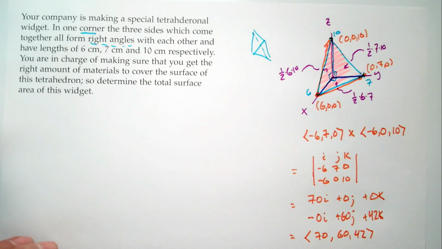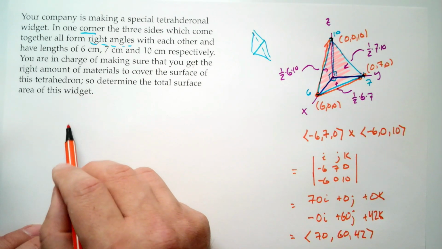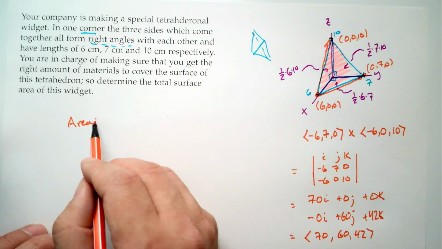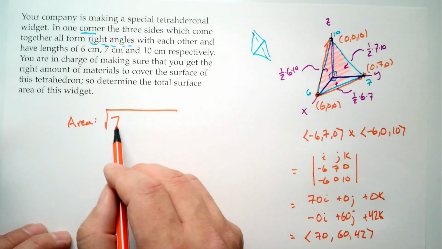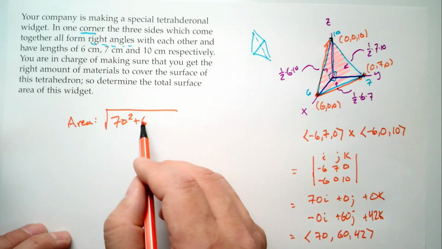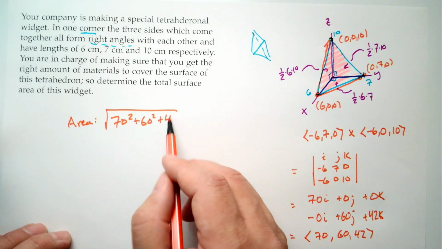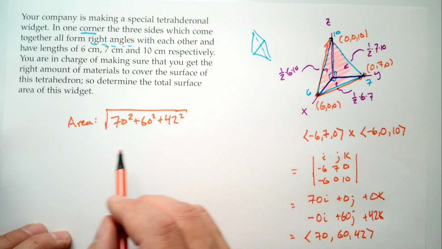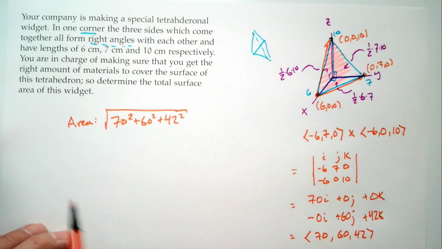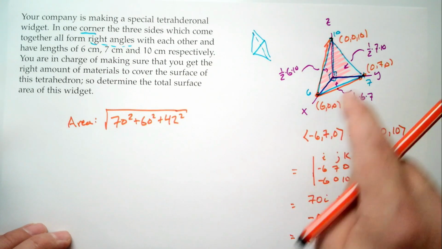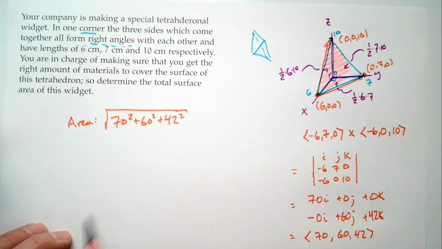All right, so what do you get? Well, the area of the missing side would be the square root of 70 squared plus 60 squared plus 42 squared, which, because we don't have a calculator, we'll just leave as that. That's okay. Now, that's just the area of that one side. What's our final answer?